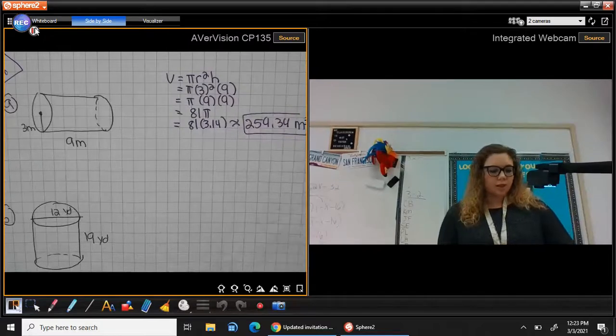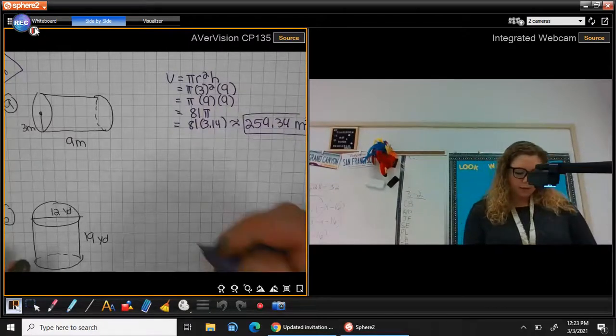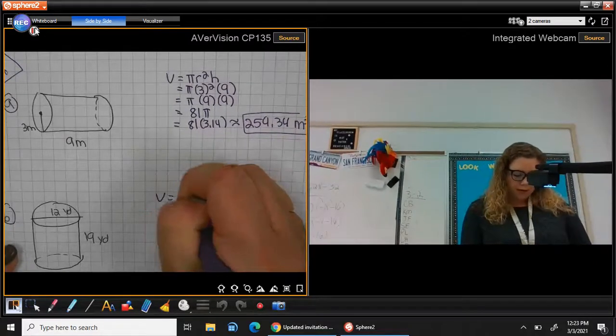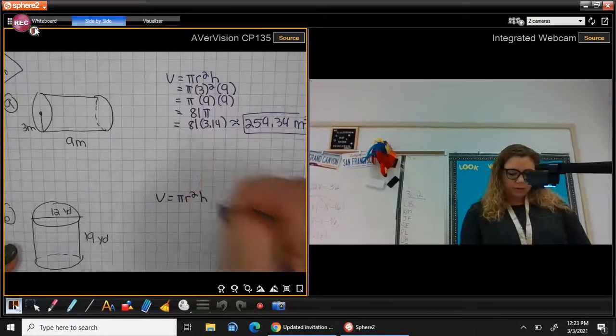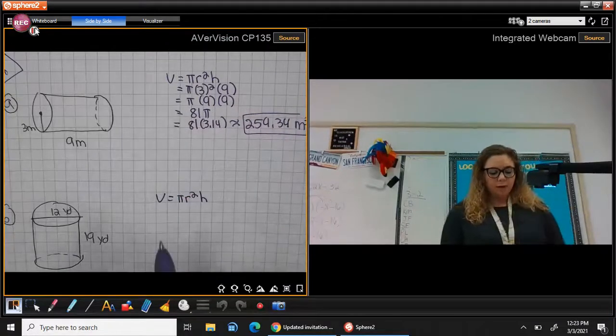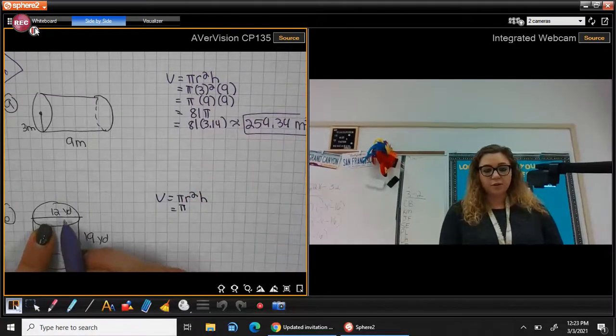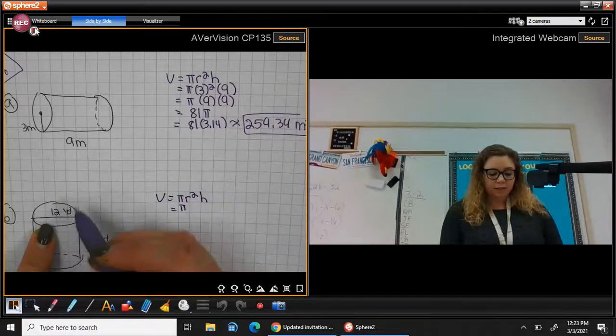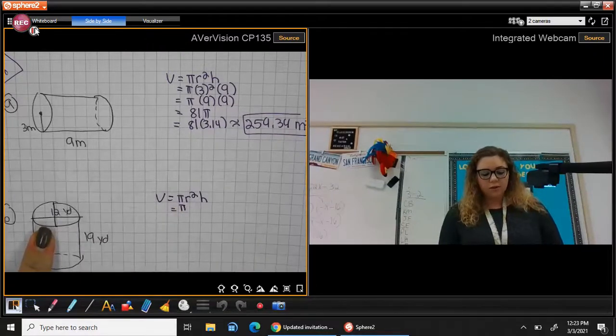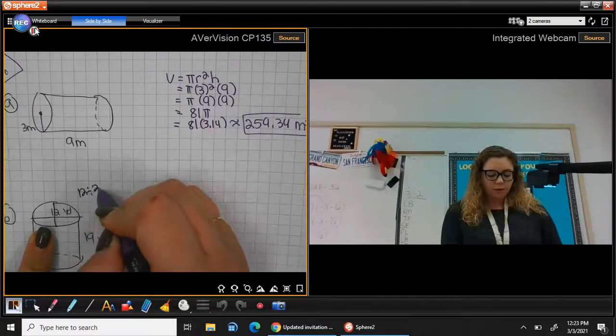Okay, let's look at the next one. Same thing. Find the volume. We're going to use the formula, pi r squared h, but be careful because when we plug in, my r is not 12. This is the diameter. How do I find the radius? Cut it in half. So 12 divided by 2 is going to give me 6.